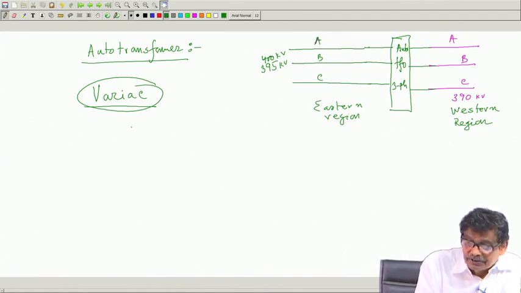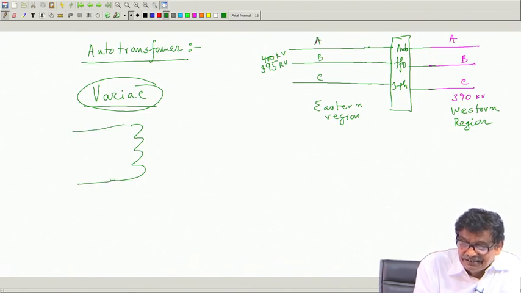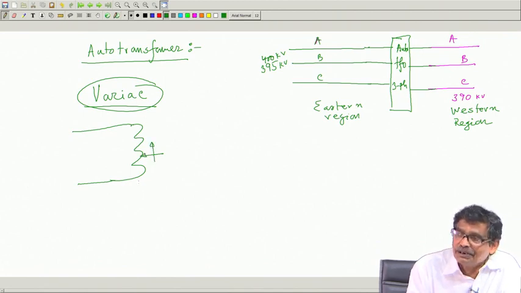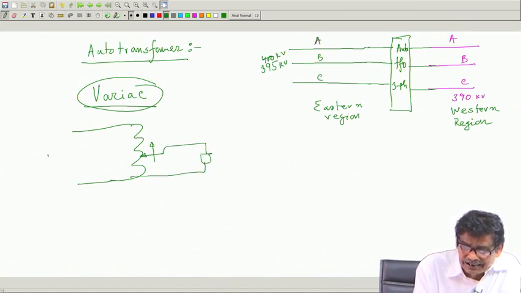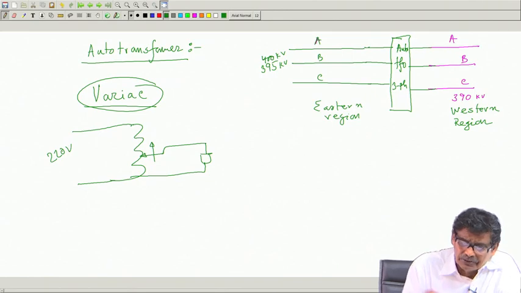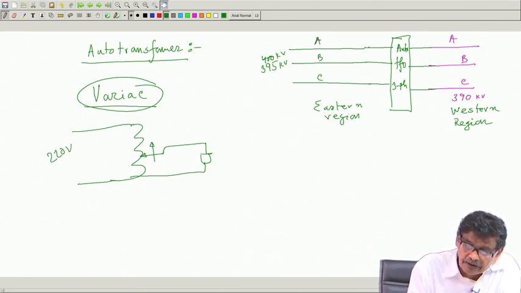It is drawn like this, and this tapping point you can move, you can adjust to anywhere you like, and you can supply your load at various levels of voltage. Suppose there is 220 volt and you want to do some experiments to find out the characteristics of the load, starting from 0 voltage up to 220 volt.